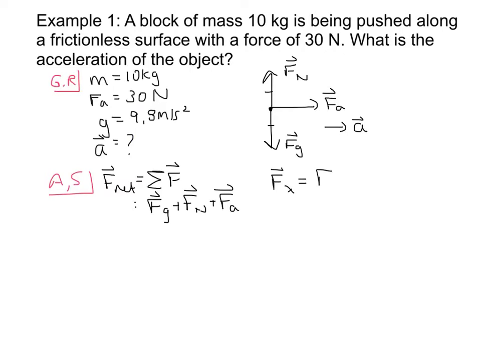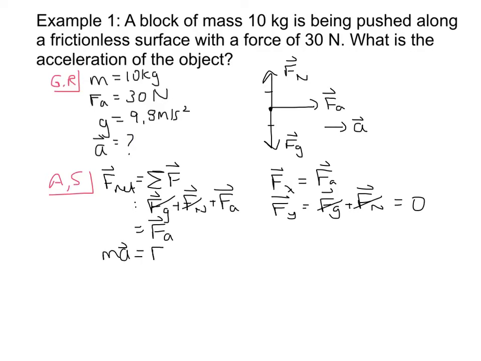So x, right, is Fa, and y is g plus n. And we know that they are equal and opposite, so this ends up being 0. So we're just left with the applied force, and we also know that F net equals ma, so this also means that mass times acceleration is the applied force, and we're going to look to solve for acceleration.